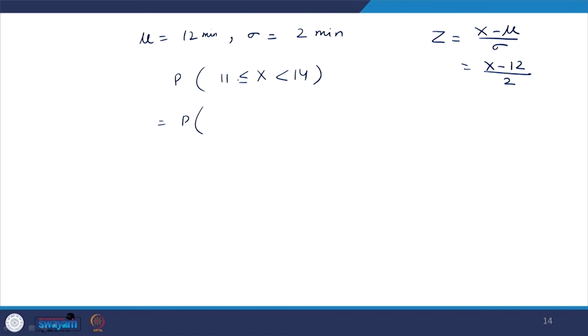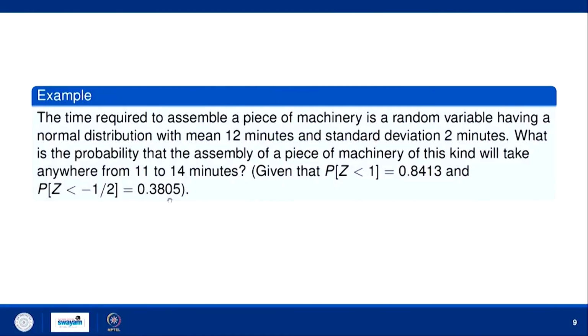When you substitute x as 11, it is minus 1 by 2, less than or equal to z less than, when you put 14, it is 1. And this is nothing but P(z less than 1) minus P(z less than minus half), which are given to us. So this is simply the difference of these two.